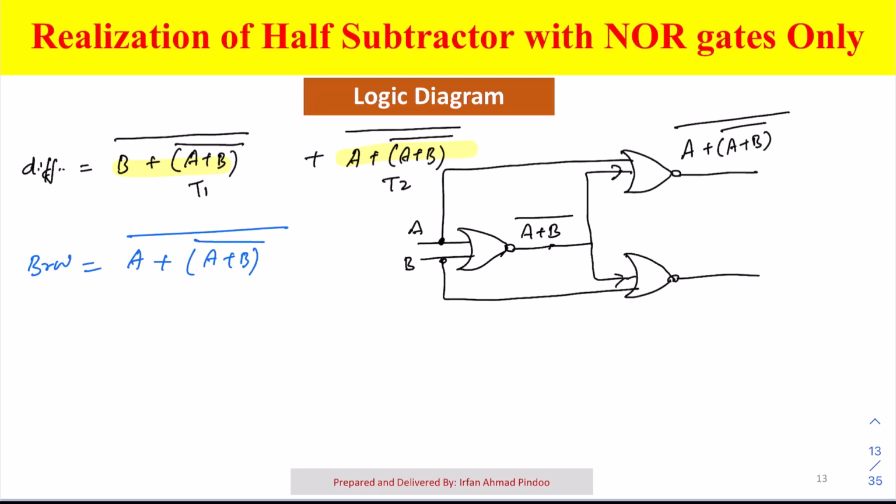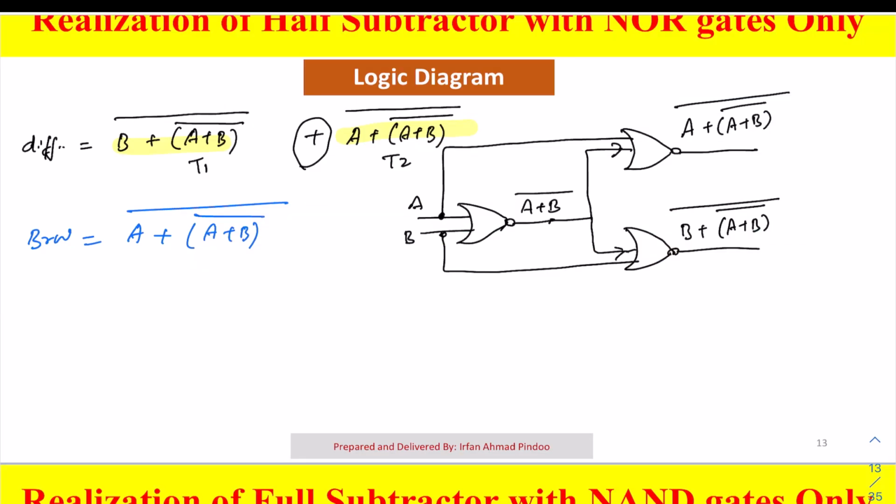Similarly, the term we are getting at the third gate will be B plus A plus B bar with whole bar. Now just look at the difference equation. What is available in between is the plus sign, right? So we are going to add it in the form of an OR gate.